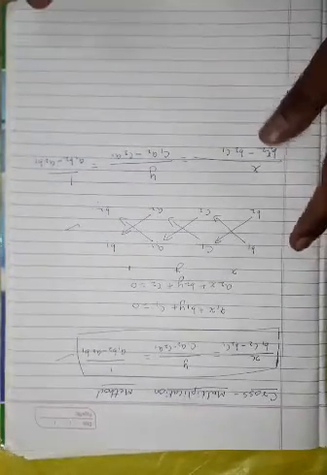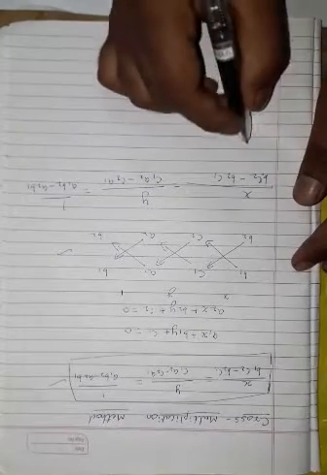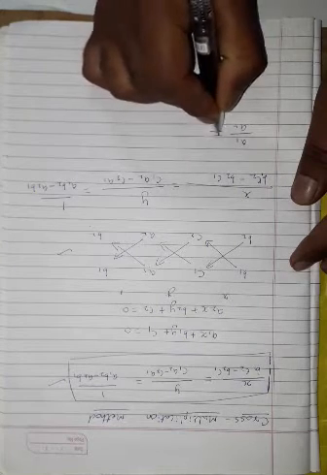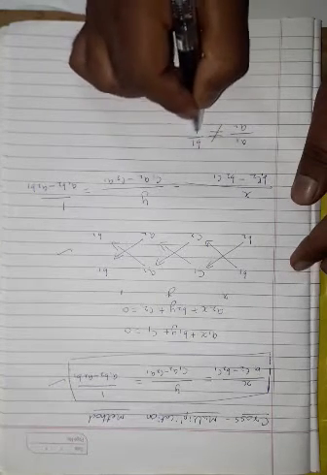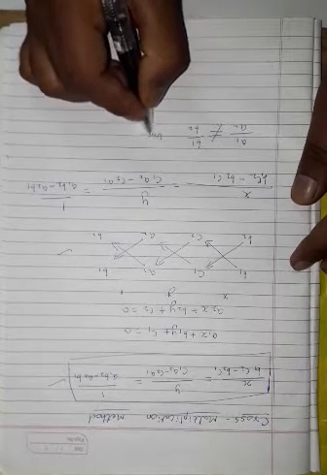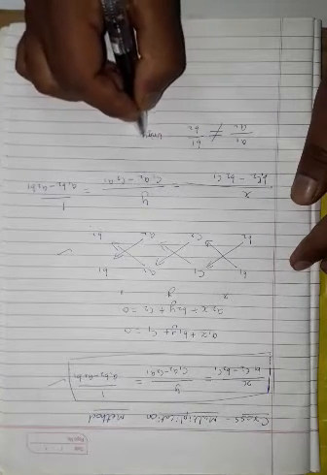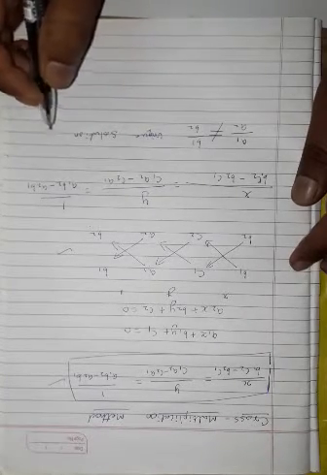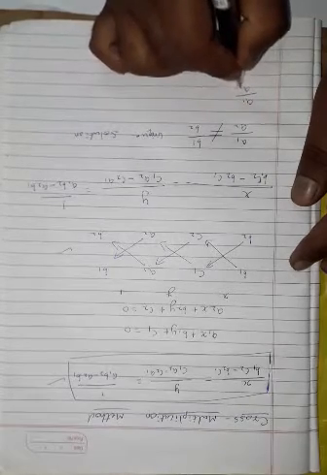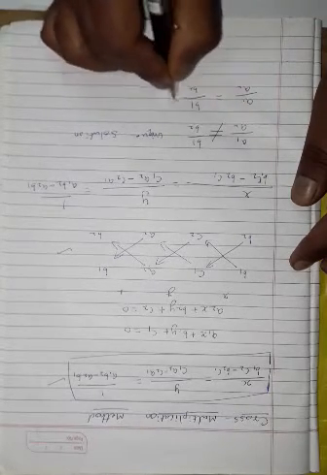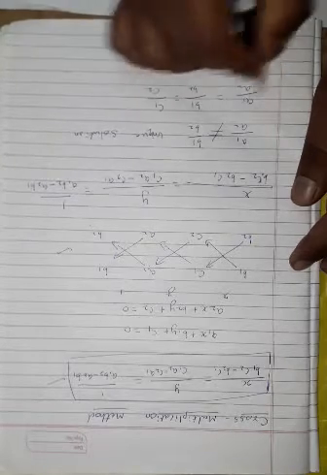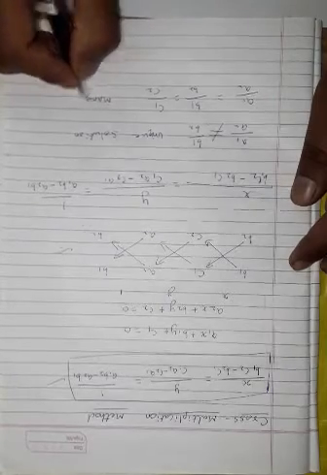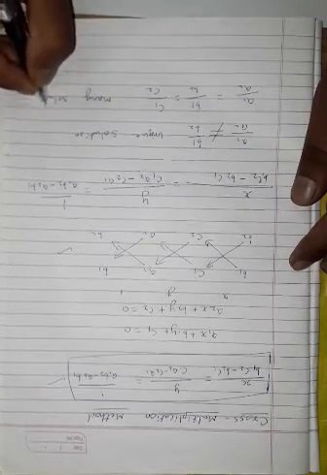One more thing: we already know that when we compare the coefficient ratios, if a1 by a2 is not equal to b1 by b2, then we get a unique solution, meaning one solution. If a1 by a2 equals b1 by b2 equals c1 by c2, then we get many solutions.